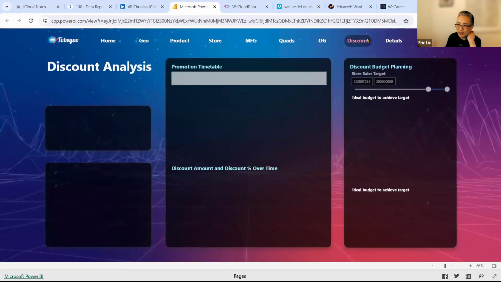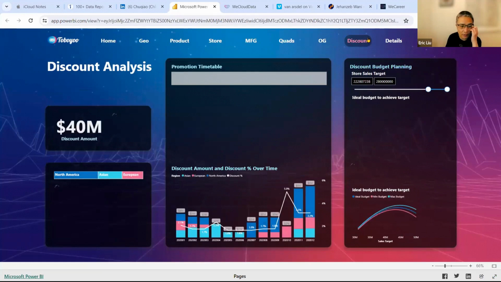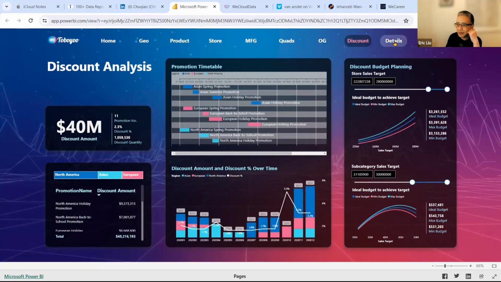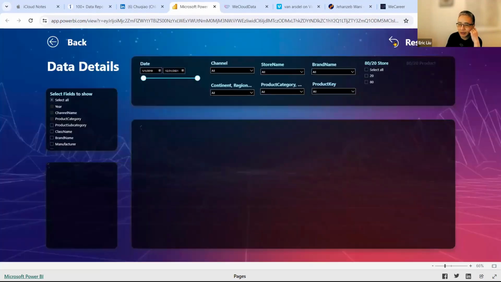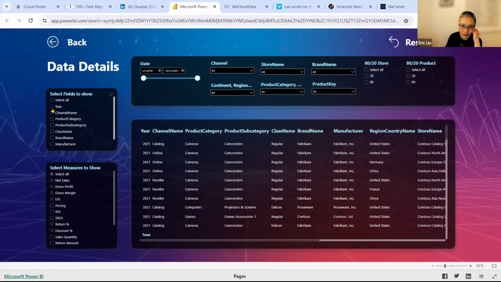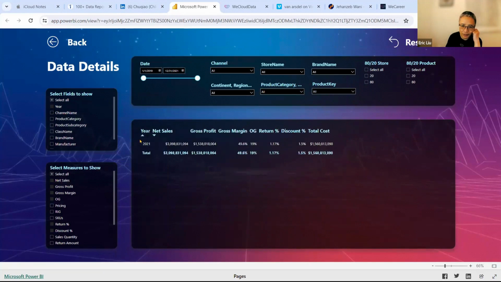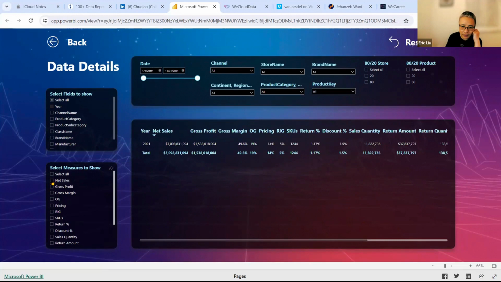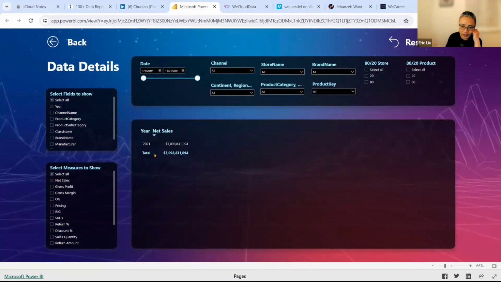Discount analysis, if discount strategy is effective, generating more sales. And then you can create your own report using this. This is very useful. You see, we use the field parameter. You can select any dimension. If I select only year, then this will be just year. If I select net sale, then it's only net sale.